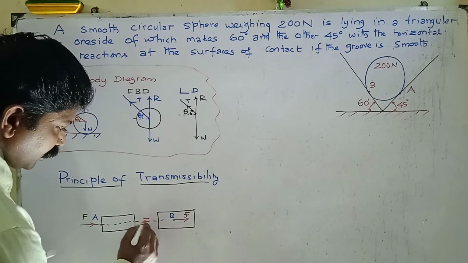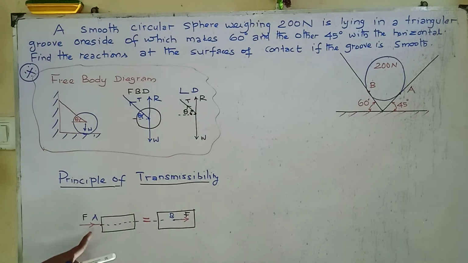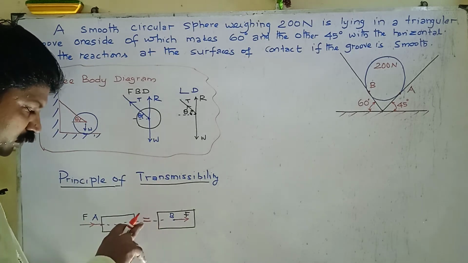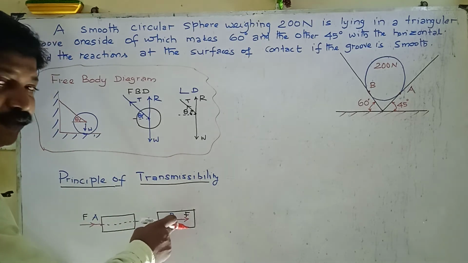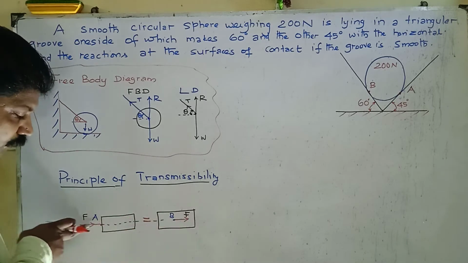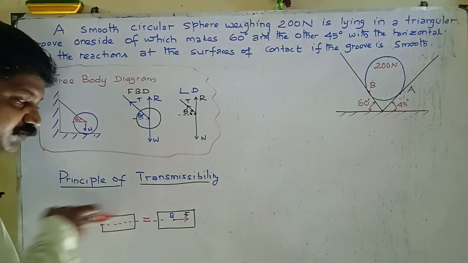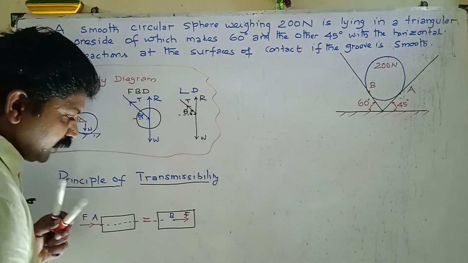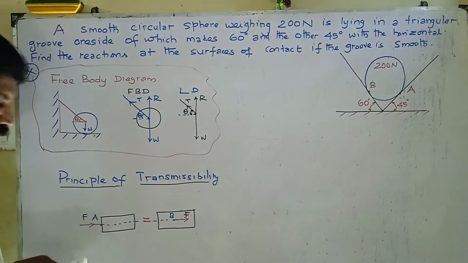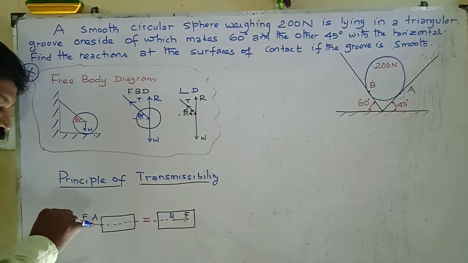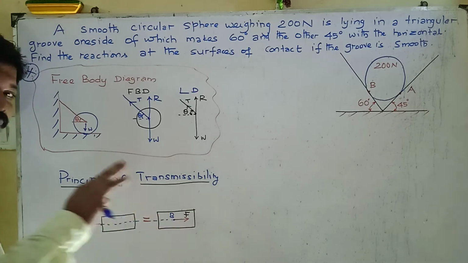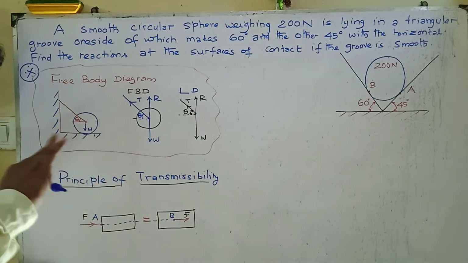Initially the force F acts on the body at point A. Now the same object, the force shifted to another point B, but along the same line of action. Now as per the principle of transmissibility, the external effect of the force on the body in the first case and second case are both the same, that is, it remains unchanged.